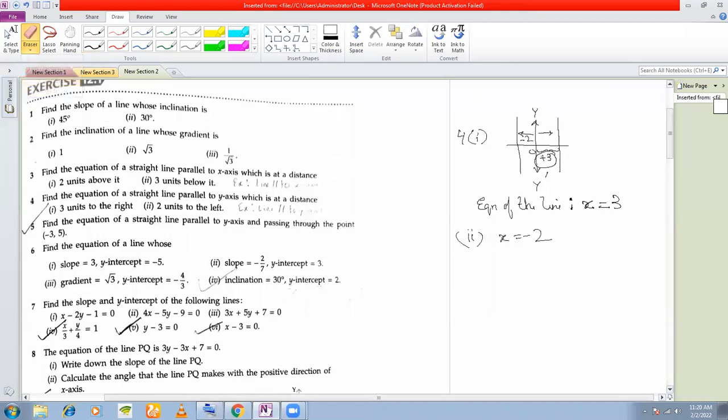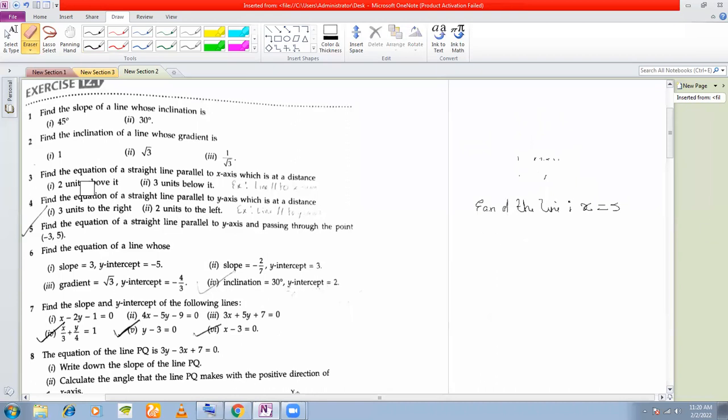let us do number 5. Question is, find the equation of a straight line. This is question number 5. Find the equation of a straight line parallel to the y-axis and passing through the point -3, 5. Okay. So because this straight line is parallel to the y-axis, I start by saying let the equation of the straight line be x is equal to a, right?